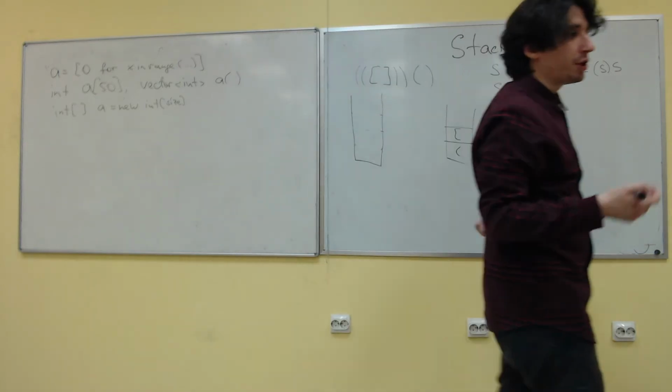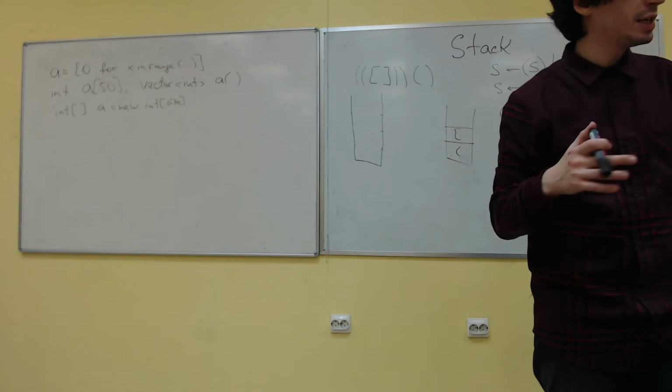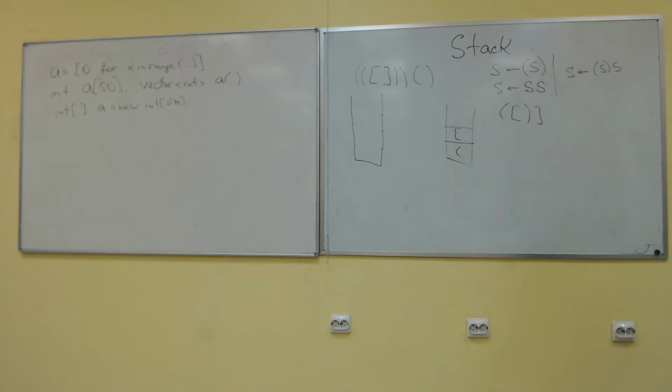That can be further extended for several different types of brackets. For example, there can be curly brackets or any other bracket you want, but the key idea you want to get out of this talk is that using the stack data structure, you can check that any bracket sequence is correct.